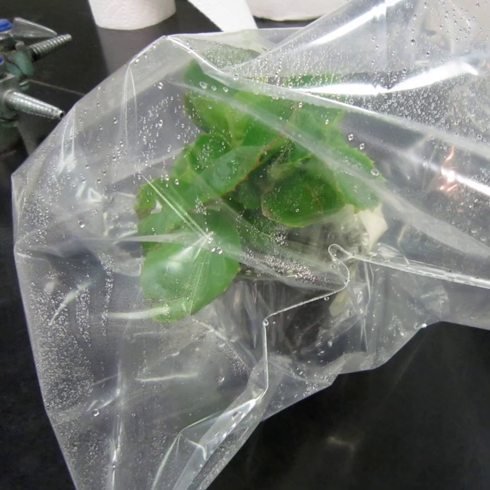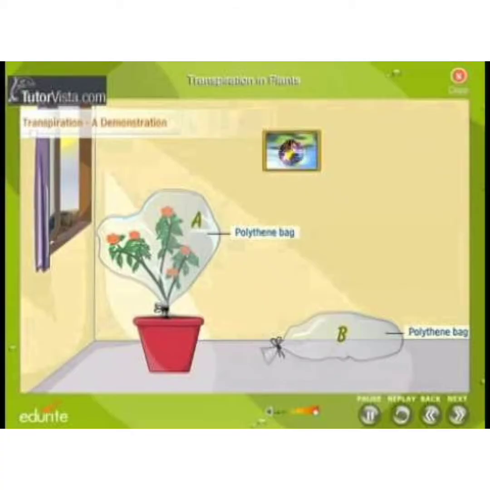We can observe small droplets of water on the surface of the polythene bag which we wrapped around the leafy branch of the plant, and we cannot see any water droplets on the other polythene bag which we tied and kept in the sun. So this indicates that the leaves help in the transpiration process also.